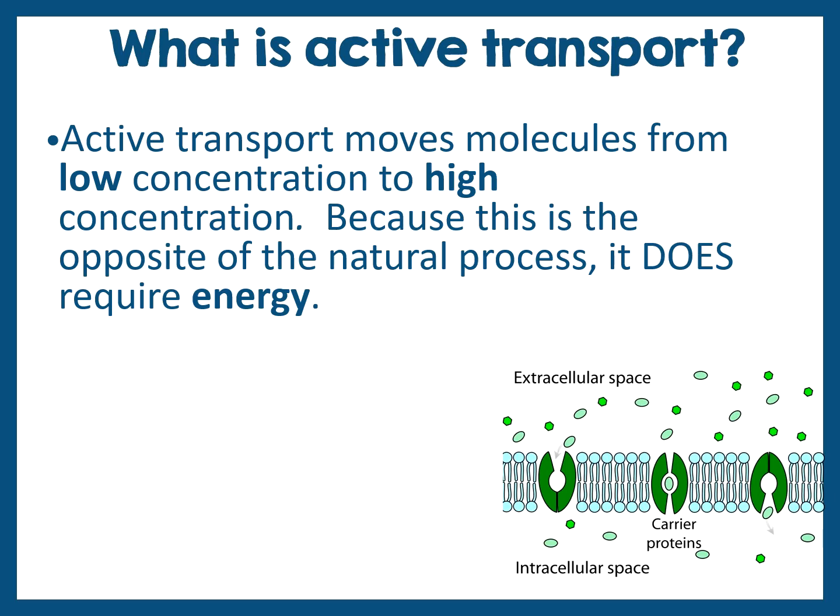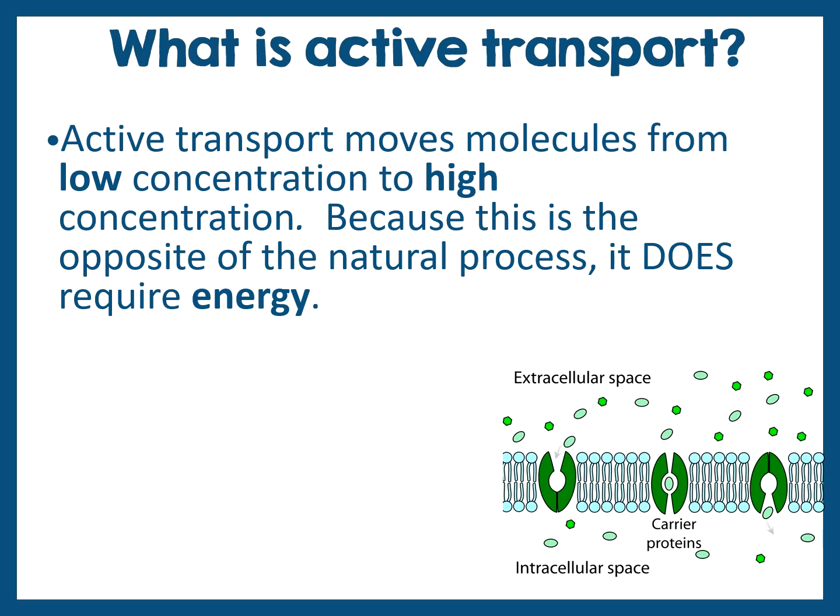And there's already a high concentration of glucose inside of that mitochondria. So we're going to use what's called active transport. Active transport moves molecules from an area of low concentration to an area of high concentration. So this is the opposite of the natural process.